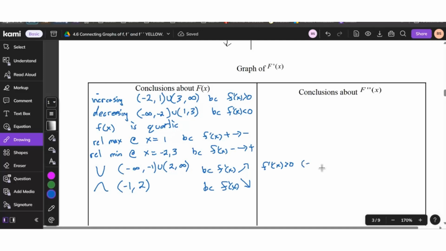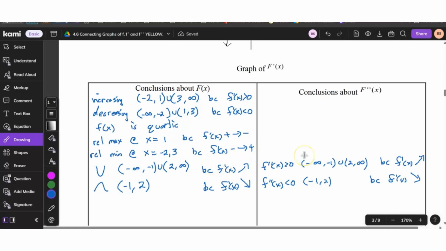So it's going to happen on that same interval from negative infinity to negative 1, and from 2 to infinity. And our reasoning is because f prime of x is increasing, right? So you can see it's more or less the same thing. It's just the statement is different of what we know for sure to be true. And then likewise, f double prime of x is going to be less than 0 on that same interval, and our reasoning is because f prime of x is decreasing. If it's decreasing, then the derivative of that is going to be negative.